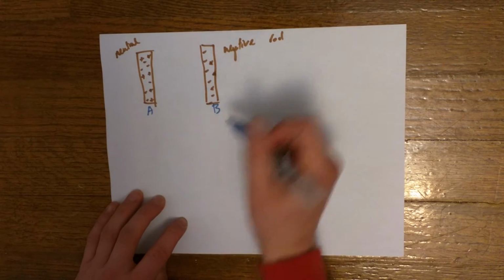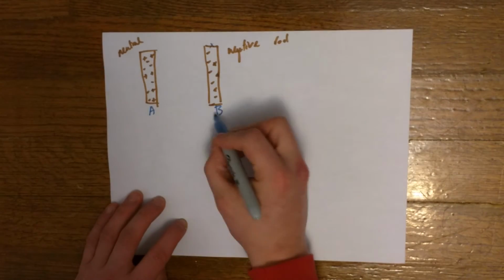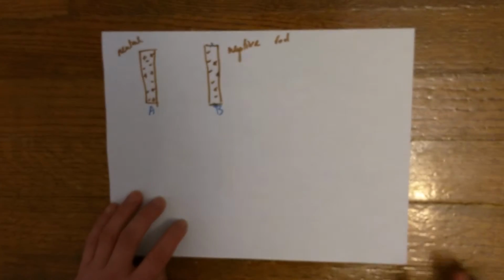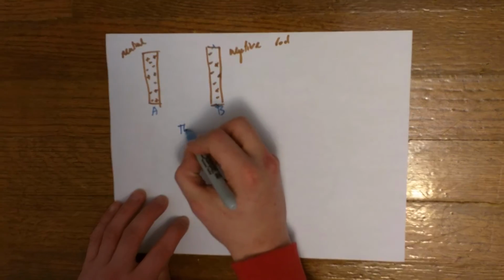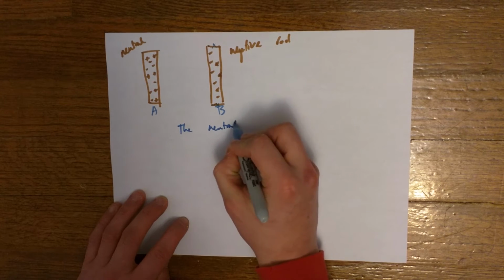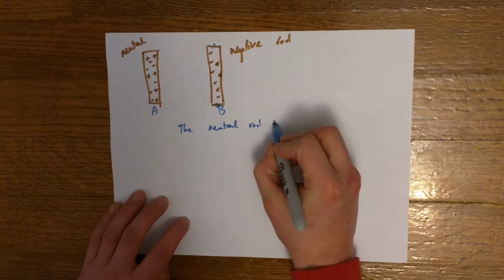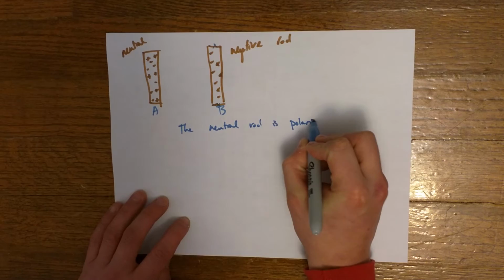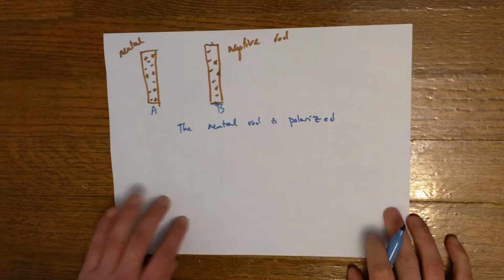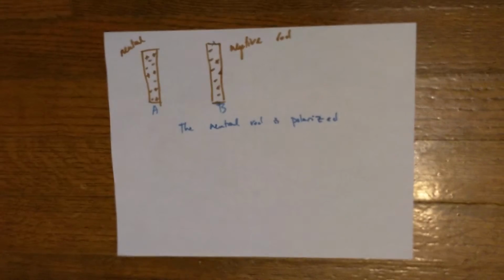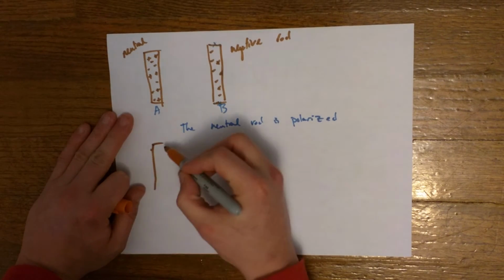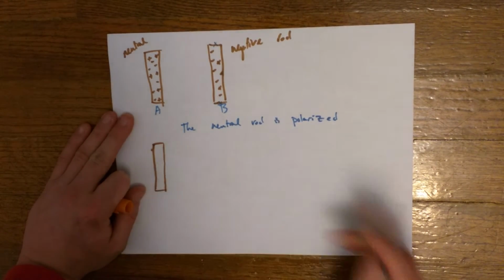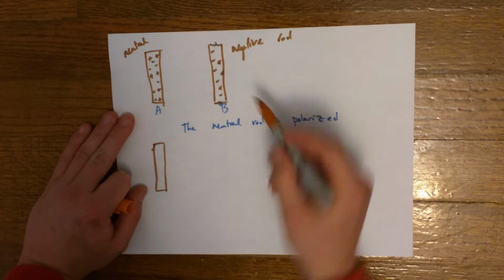If I fix this negative rod into place, meaning it can't move, and the neutral rod is brought close, I'll see that the neutral rod is polarized. So the configuration then turns to this. I still have the same number of positive charges and negative charges, but they rearrange themselves.